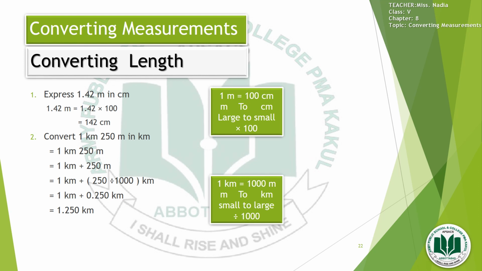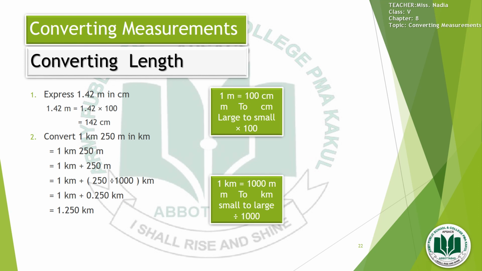In the second example, we have to convert 1 kilometer and 250 meters into kilometers. Don't change kilometer. We need to change meter into kilometer. Meter is small and kilometer is large. And 1 kilometer is equal to 1000 meter. So from small to large, we will divide 250 by 1000.